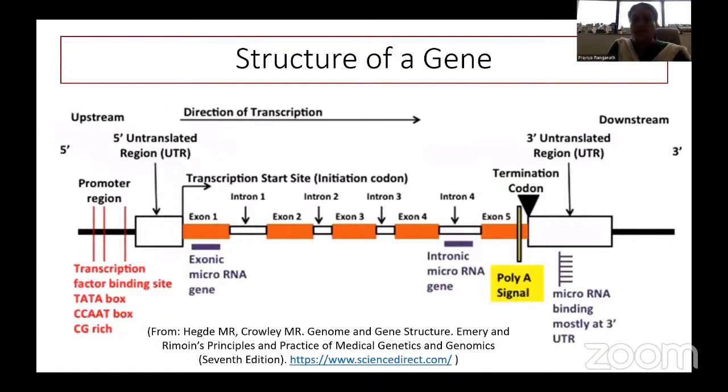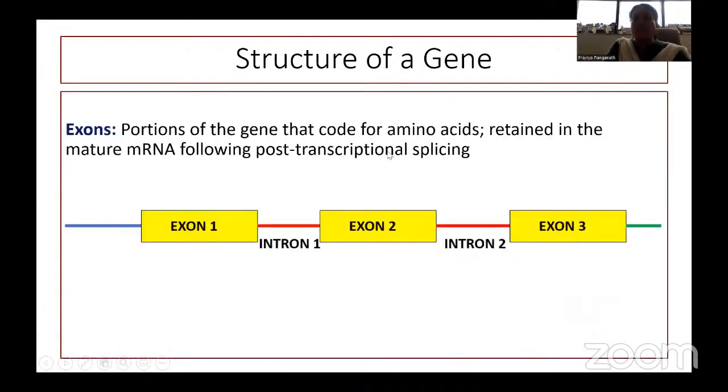So we know that a gene is made up of different portions. There are exons, then there are introns, then you have something called a promoter region, then a transcription start site, then a 5' untranslated region and a 3' untranslated region. So whenever the variant is described, the position of the variant in the gene is also mentioned.